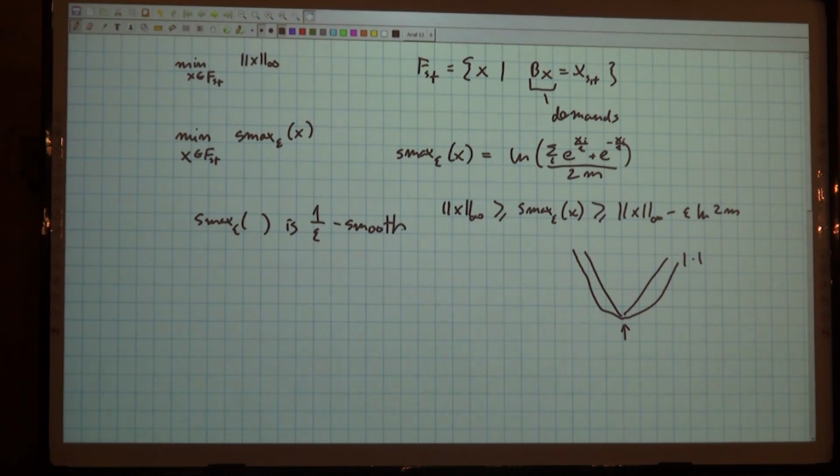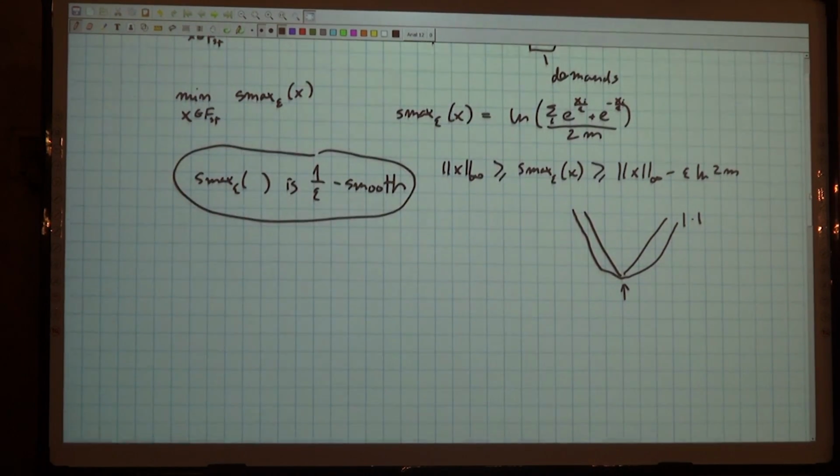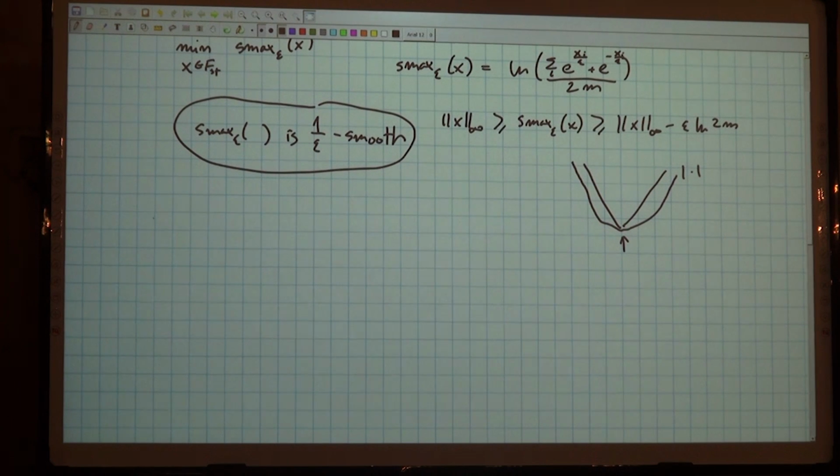This essentially enables us to apply gradient descent to it. So now we have our algorithm for max flow via gradient descent.